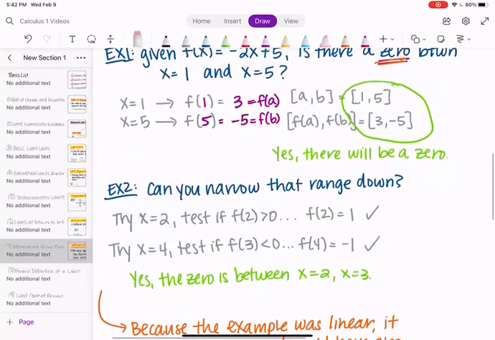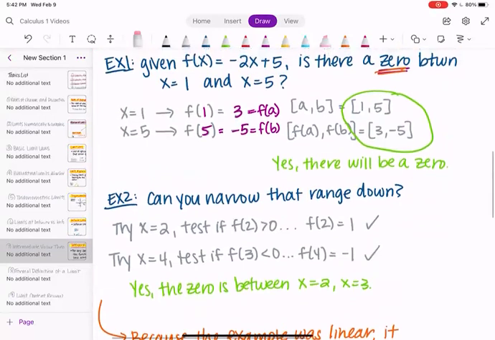So let's try x equals 2. If I know f of 1 is positive, right, I'm going to try to find a number near f of 1 that's slightly less positive, right? So this trend is going down because as I increase my x value, my y values are decreasing.